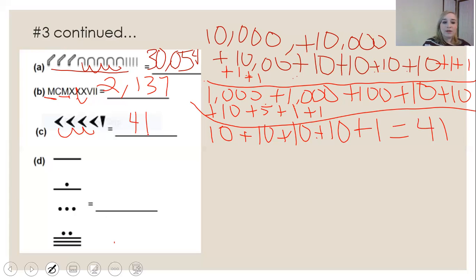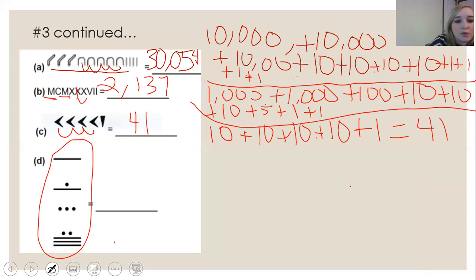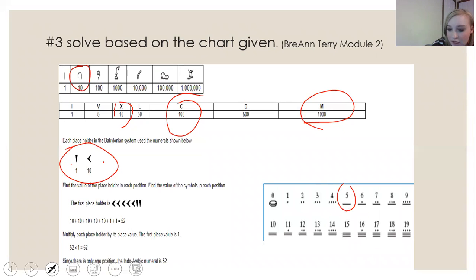So our very last one is this series of long horizontal lines with dots. And we can go back to our chart and see what those mean as well. So let's go here. It's a little bit small, but this is our first one. So we know that this is 5, and I already have them written down on my paper, but again, you can just refer back to this chart.